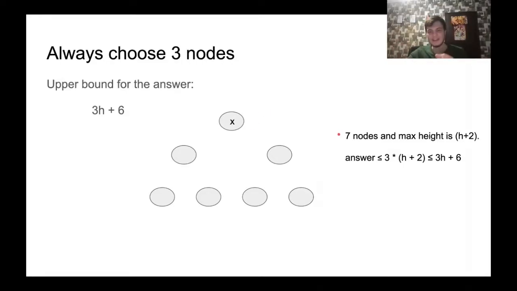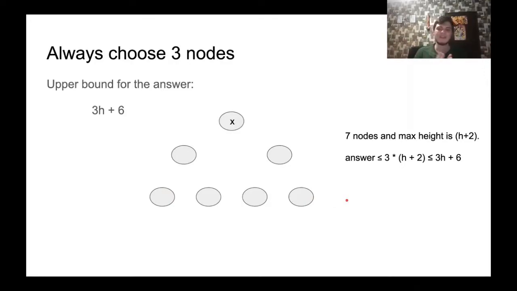So this means that we have a construction that gives us an answer, which is the upper bound for the answer. It's 3h plus 6, because we know that the maximum height here would be h plus 2, because we have this bottom level, and all nodes there are h plus 2.